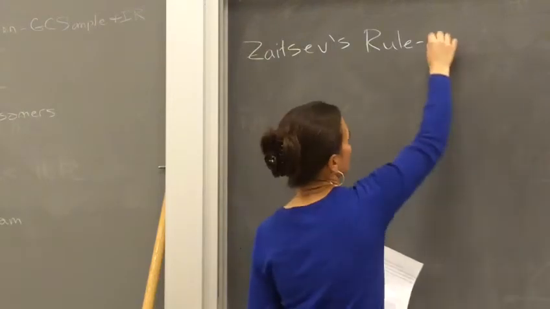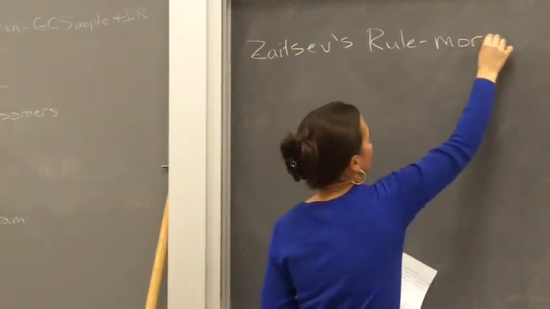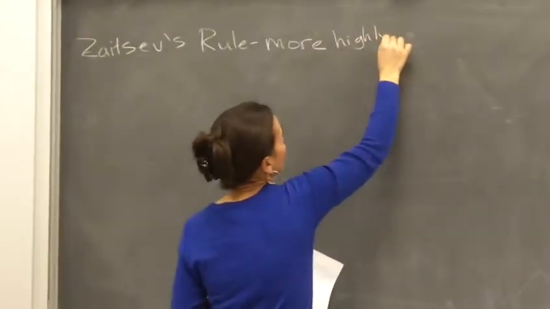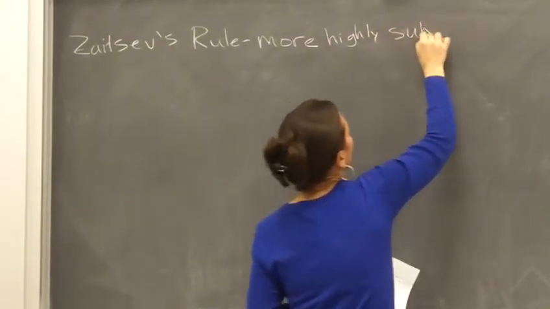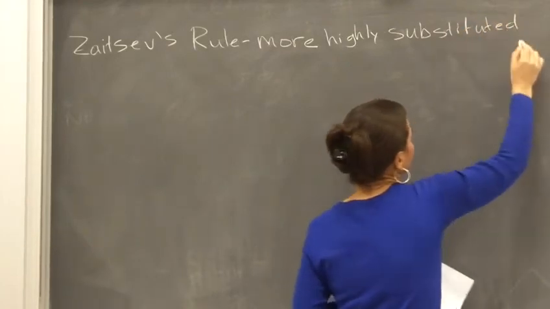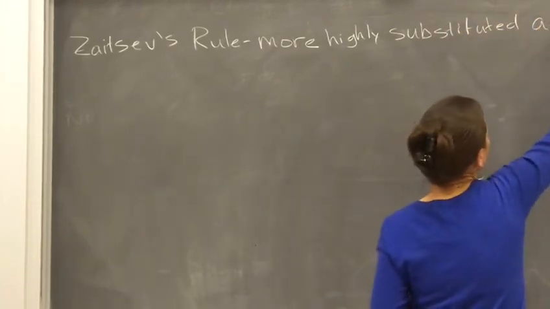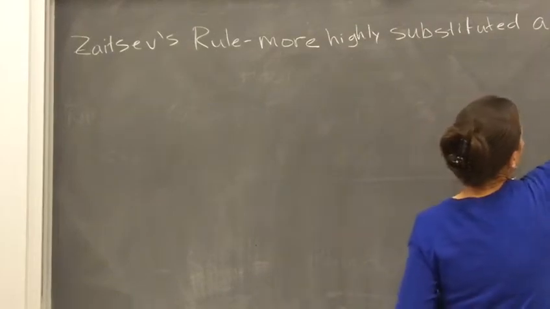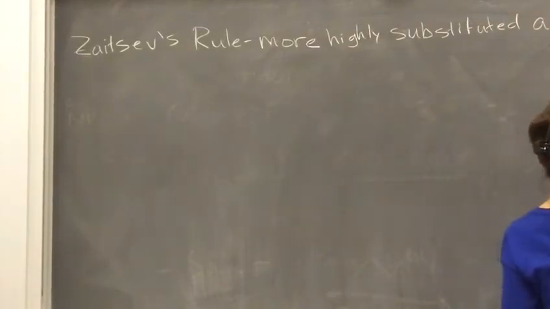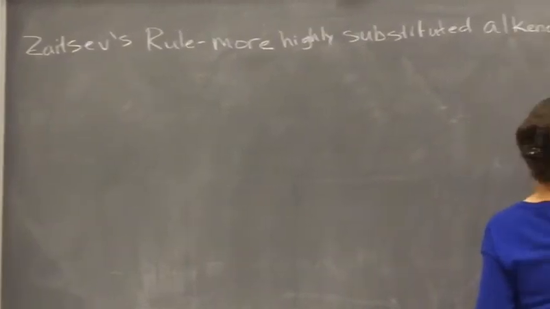So in relation to looking at hydride shifts, the more highly substituted alkene or alkenes are going to be the major isomers, or the major product.